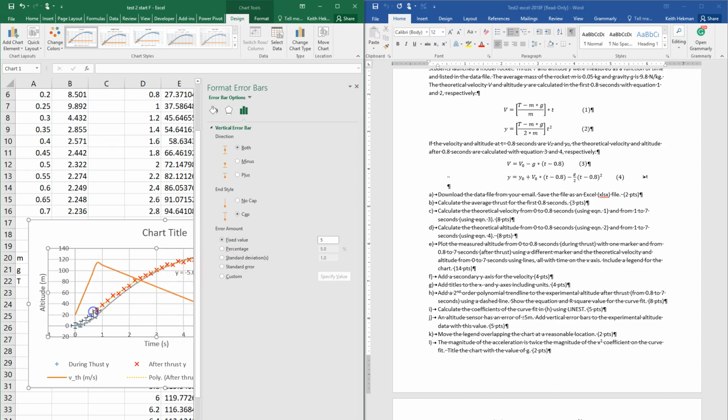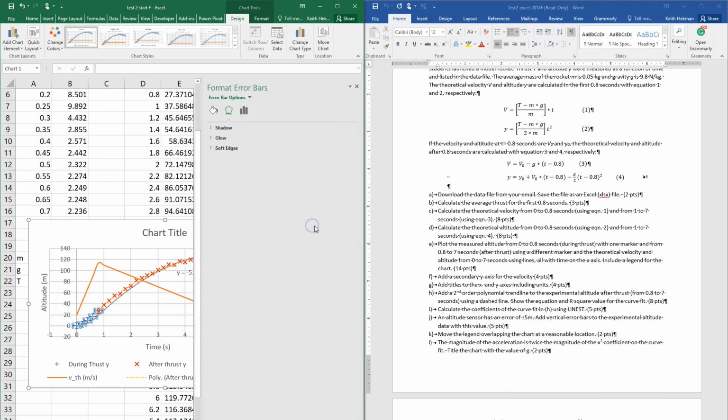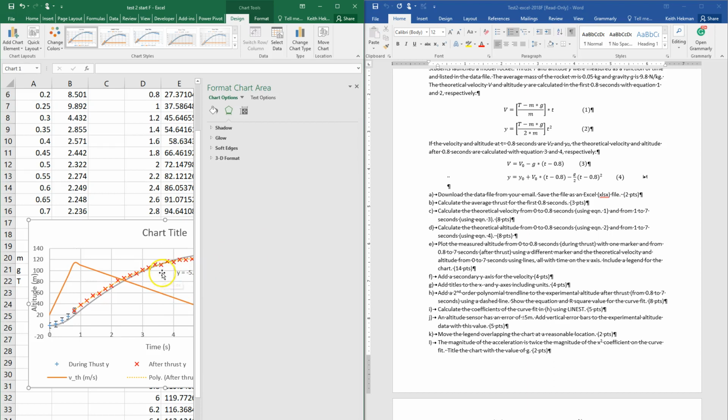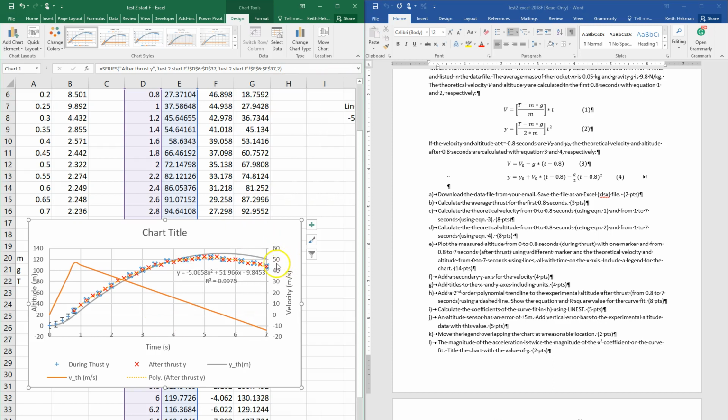And then if we select the X error bars, we can delete those. Similarly here, we can't do it that way.